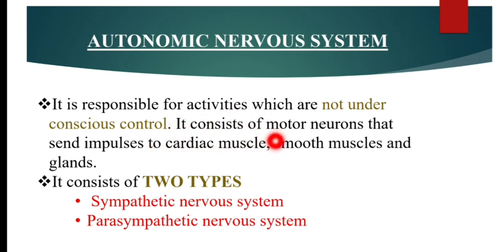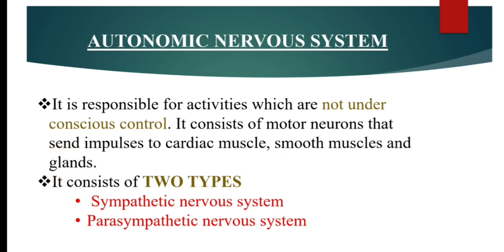Smooth muscles are present in the wall of alimentary canal, urinary bladder, in the wall of blood vessels and in the internal organs. And they are not under the control of our will. Autonomic nervous system comprises two types of system: sympathetic system and parasympathetic system.